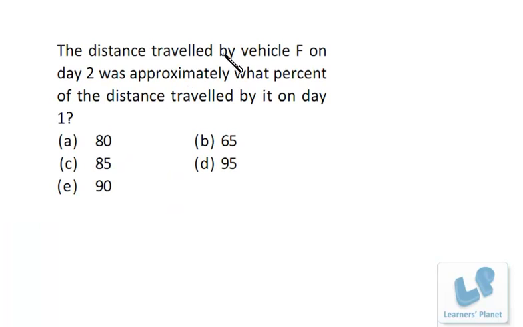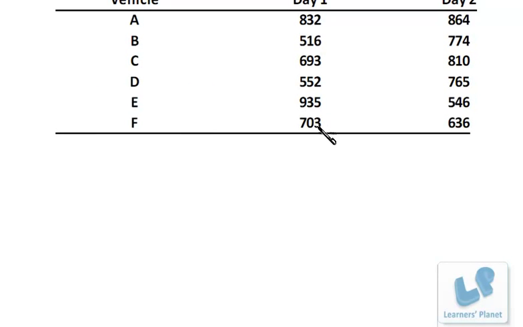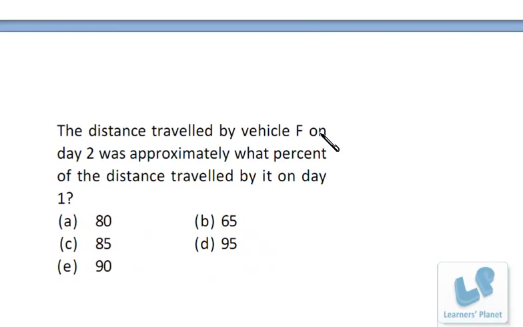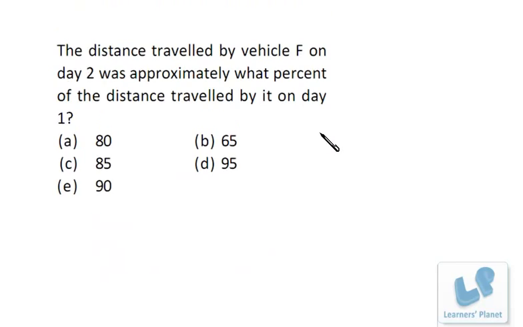Now, the distance traveled by vehicle F on day 2 was approximately what percent of the distance traveled by it on day 1, right? Vehicle F, it is day 1, it is day 2. So 703 and 636, right? So we have to find 636 by 703.